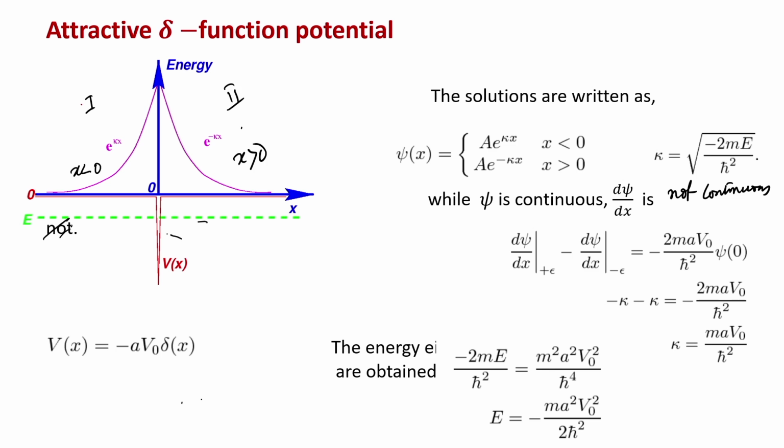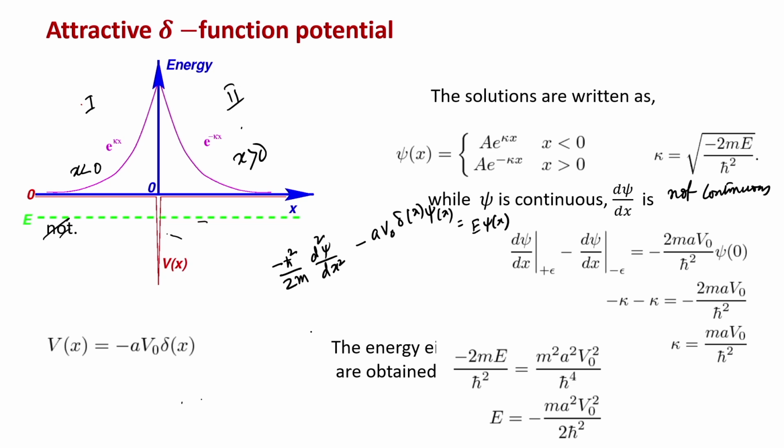So, at x equal to 0, psi is continuous, but d psi dx is discontinuous by a known amount. And what we do here is the following: we use minus h cross square by 2m d2 psi dx2 minus a v naught delta of x psi of x equal to E psi of x.